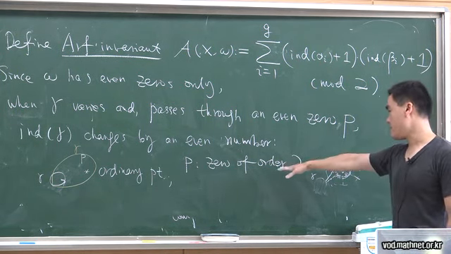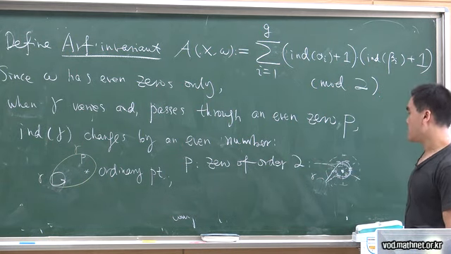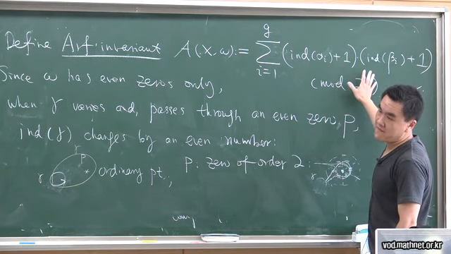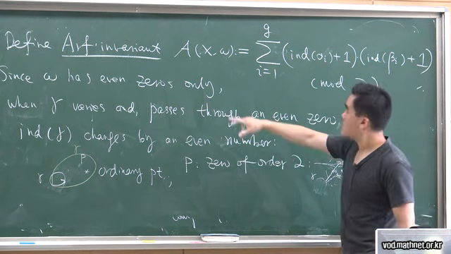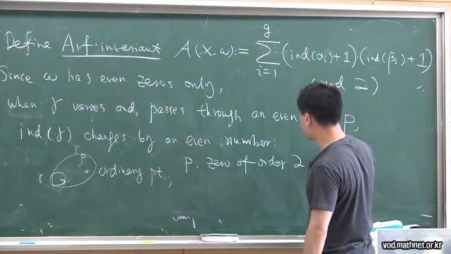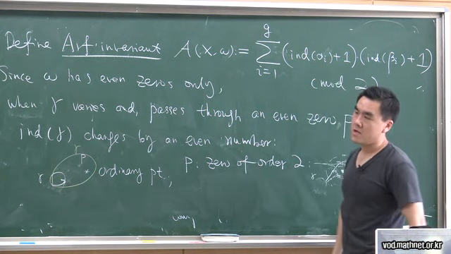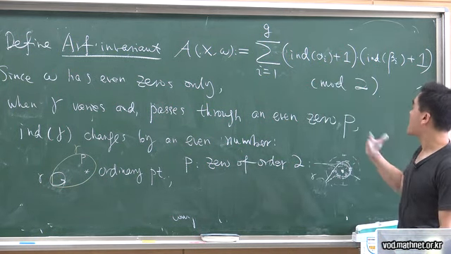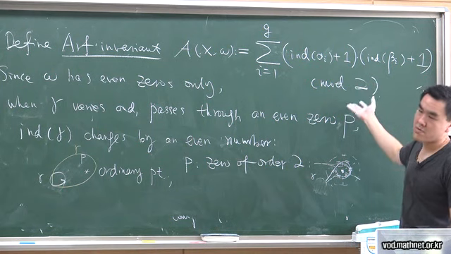But if you have an odd zero, then this would not be well defined, because when you vary your choice, some representative alpha, beta, then by passing a zero you change the index by an odd number. So mod 2, it may not be well defined.